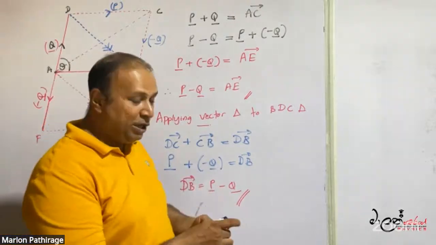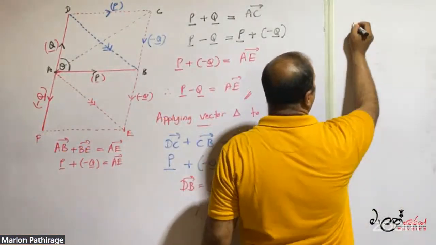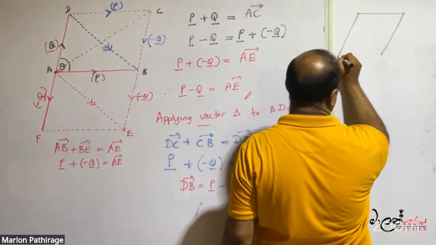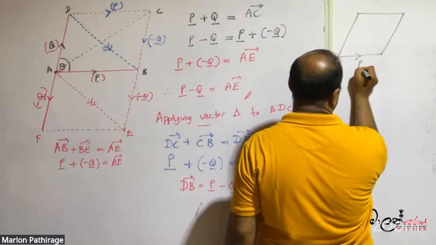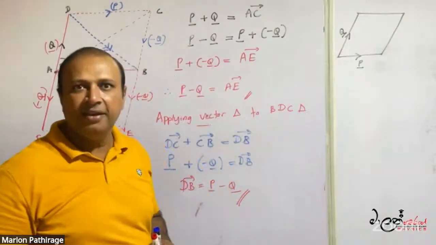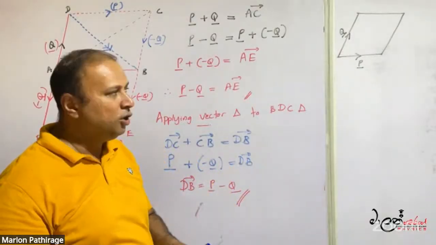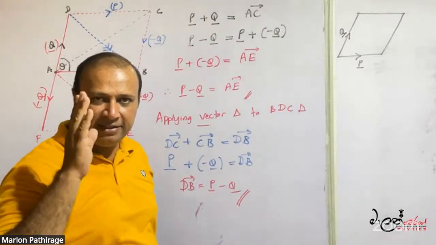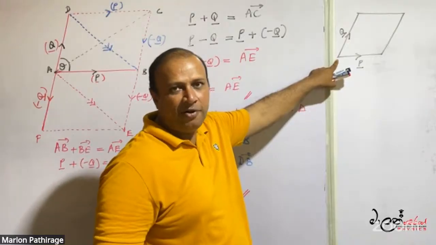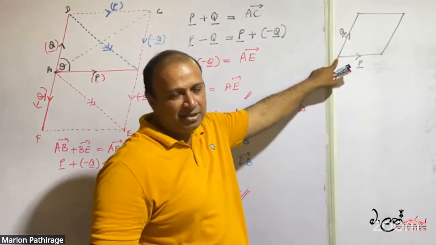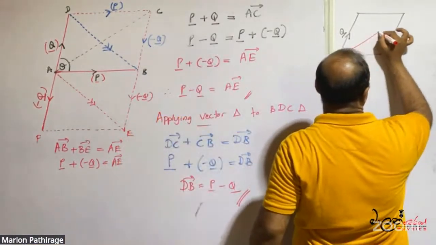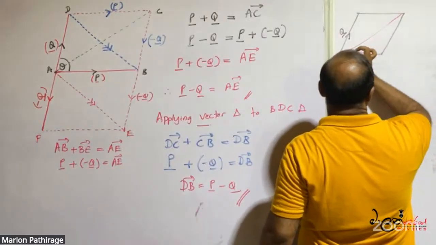If you draw the vector parallelogram, suppose this one is P vector and this one is Q vector, the diagonal passing through the intersection point of the two vectors gives the resultant vector. This one gives the addition.